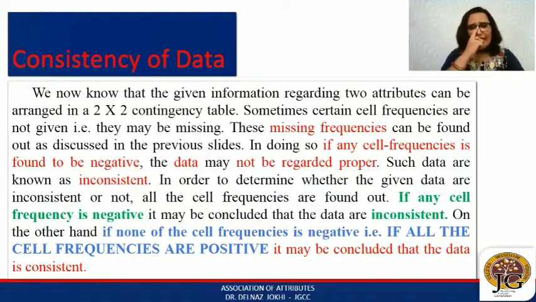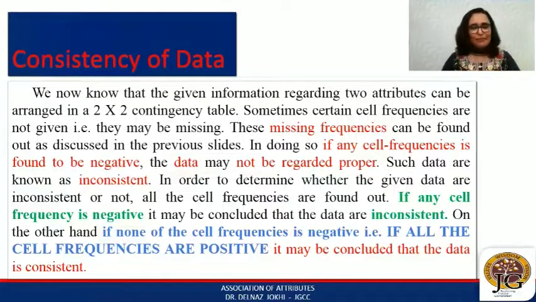Now, was any of the cell frequency in minus? No. अगर कोई भी cell frequency माइनस में आती तो, आई नहीं थी हमको, पर अगर माइनस में आती तो डेटा ठीक नहीं है. Data is not proper. डेटा करेक्ट नहीं है. डेटा कंसिस्टेंट नहीं है.